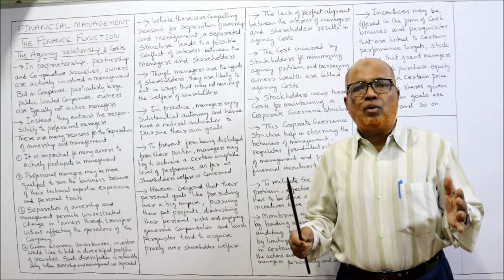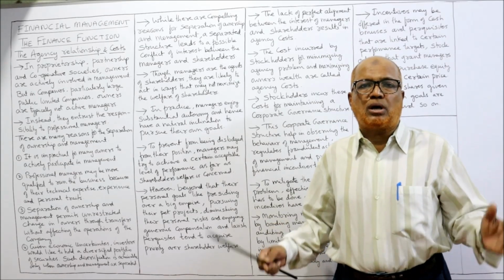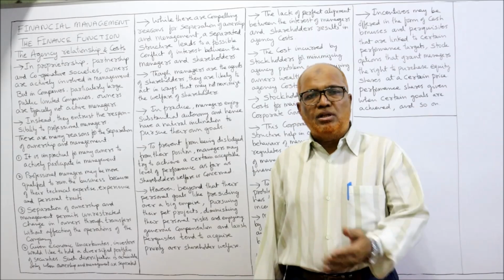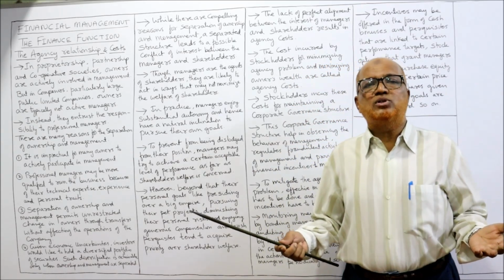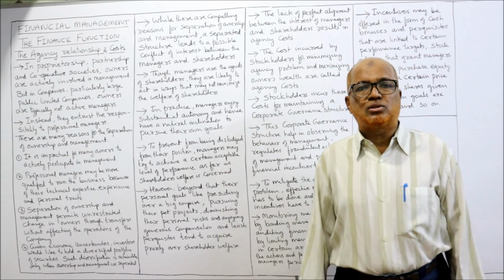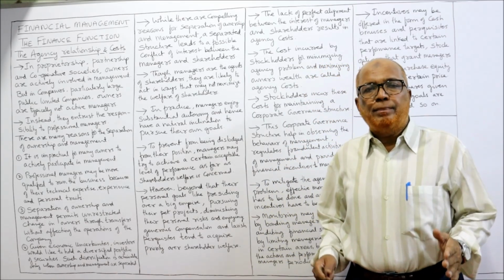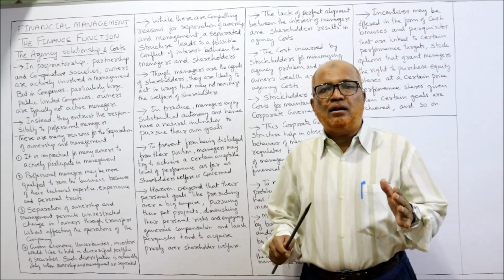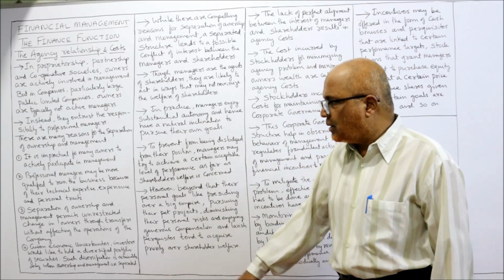So these are professional people, they can manage a huge company. Otherwise, the shareholders do not have so much experience. They don't have those personal traits of leadership. That is the reason why the management has been entrusted to professional people to take the decisions of the company.